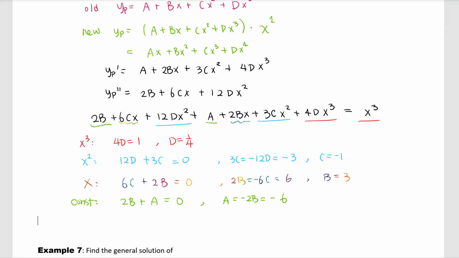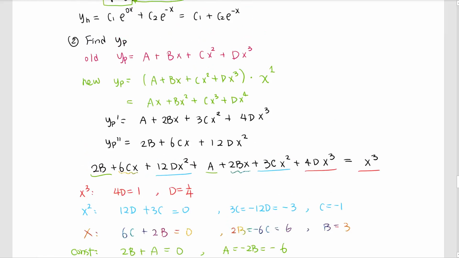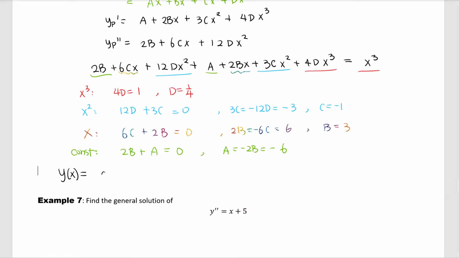Okay, so we figured out our yp, and then what is the general solution? Well, the general solution is our homogeneous solution, and then plus our particular solution.